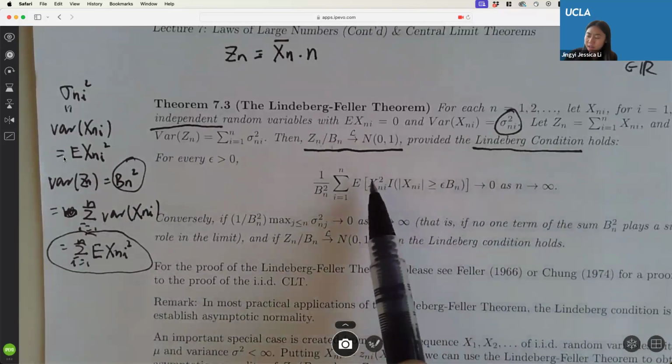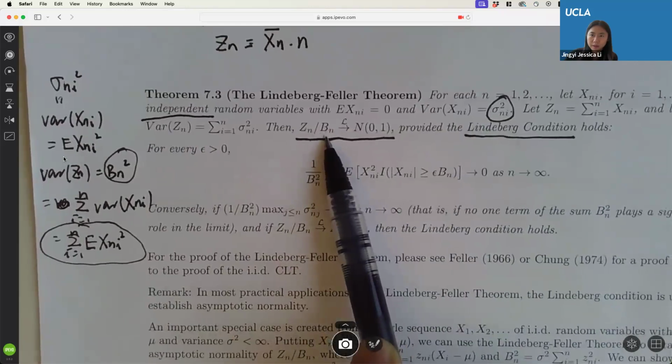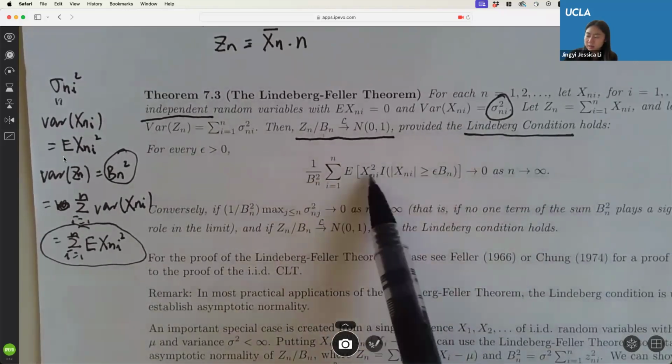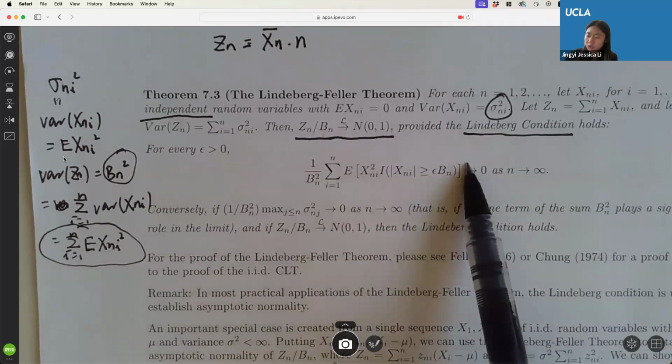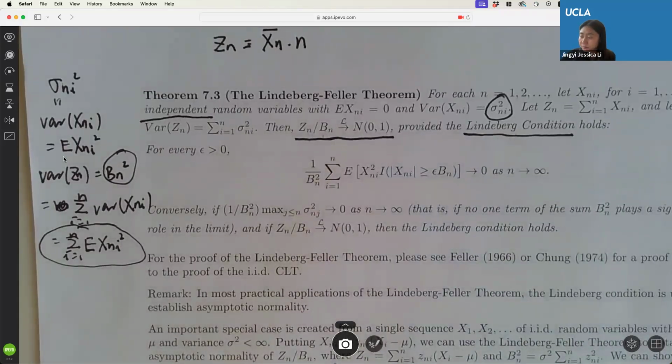Otherwise, we will violate the Lindeberg condition and we will not have this central limit theorem-like result. So the Lindeberg condition is a sufficient condition for this central limit theorem. I think that's basically it. That's the most important part for this theorem.